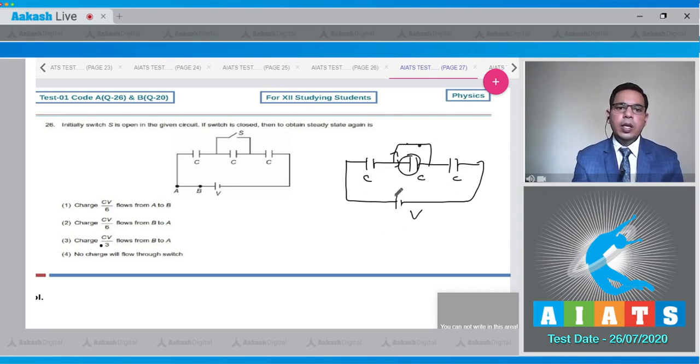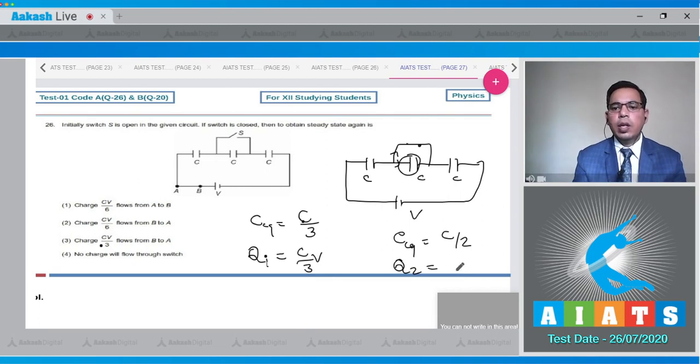Initially when the switch was open, the equivalent capacitance was C by 3, and Q initial will be equal to CV, that means C by 3 into V. Finally the equivalent capacitance will be C by 2, and charge Q2 will be CV by 2.